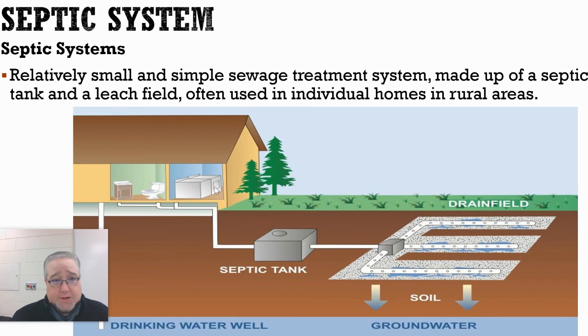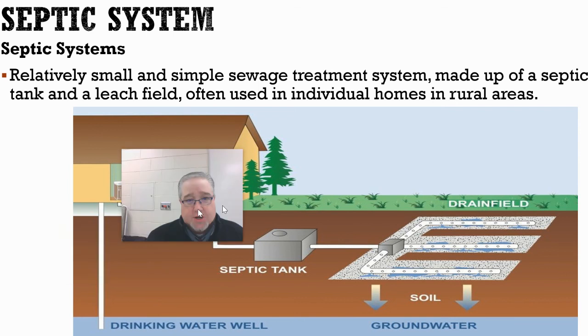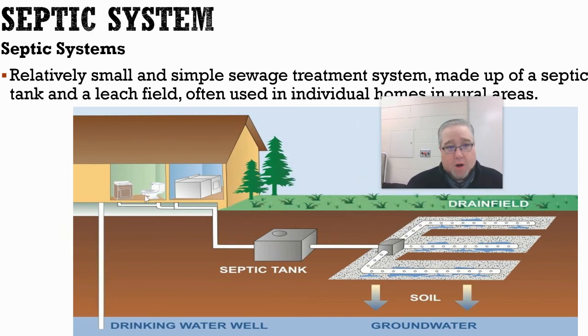But again, take a look at this picture here. All the wastewater from your home pretty much just goes into this septic tank. You'll also notice here at the very bottom of the picture there's some groundwater. So this individual has a well that they tap into that brings water into their home.